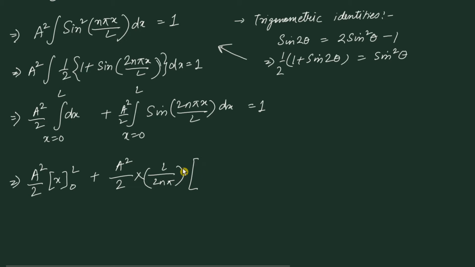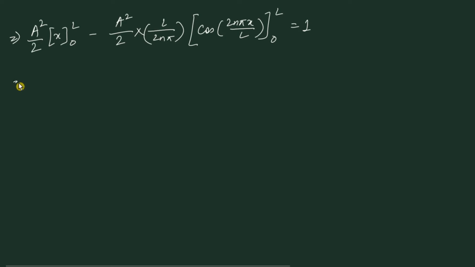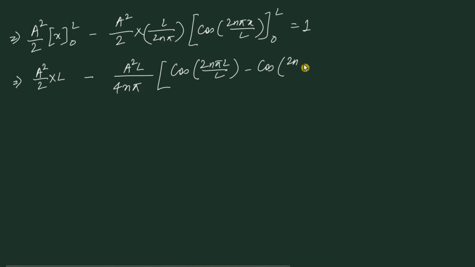This is negative of cos twice n pi x upon L from 0 to L. So now if I apply the limits, then this simply becomes a square by 2 multiplied by L minus a square L upon 4 n pi. Here I can write cos of twice n pi L upon L minus cos of twice n pi into 0 upon L is equal to 1.